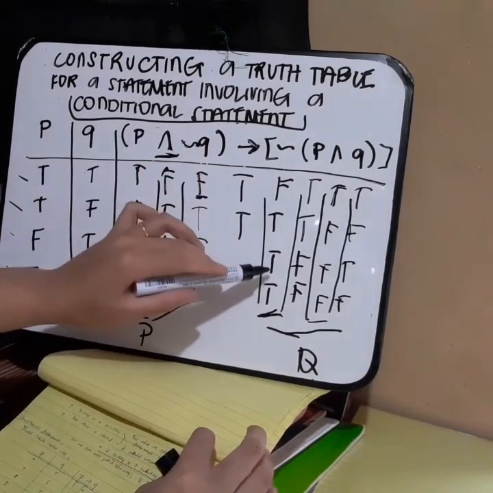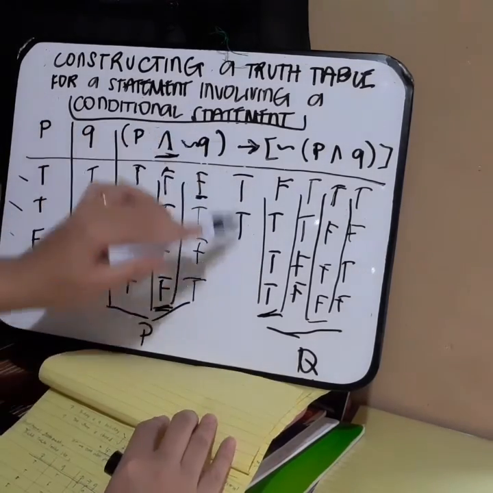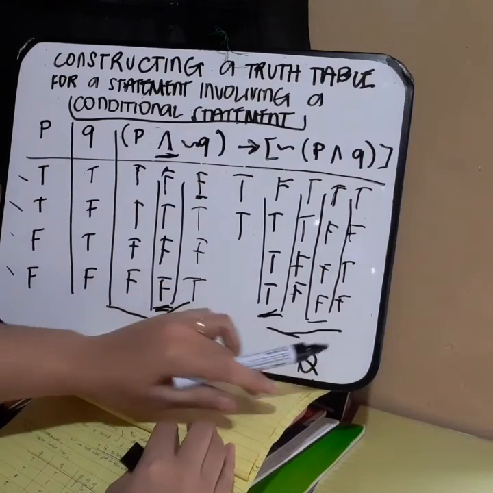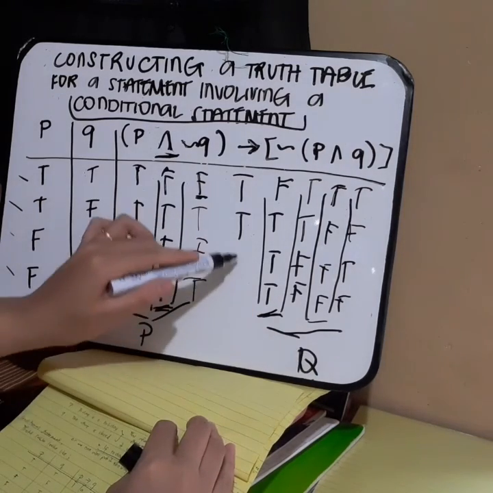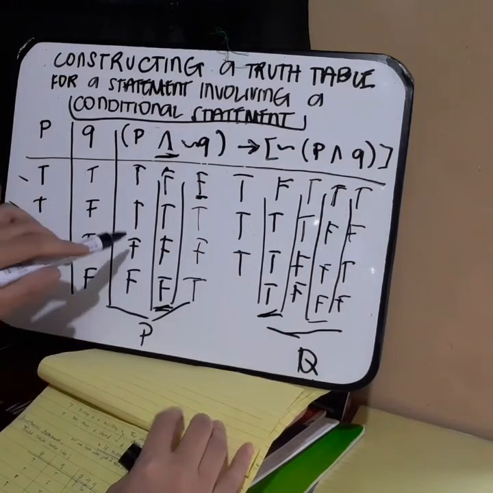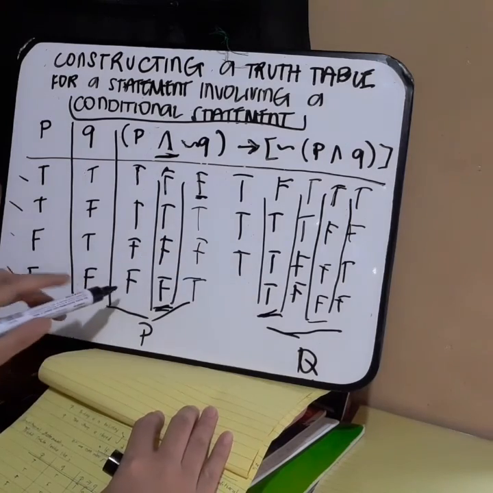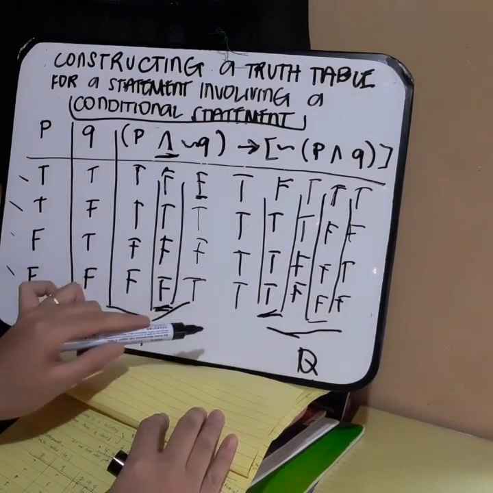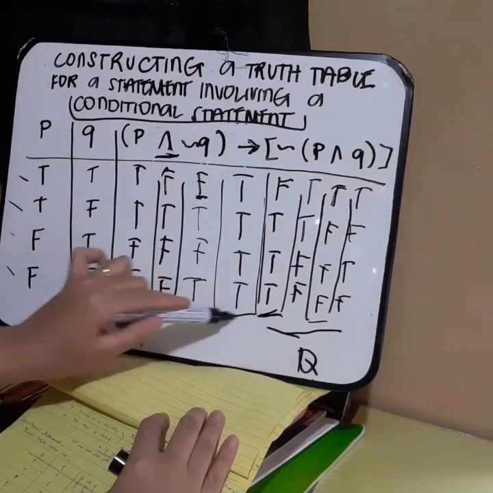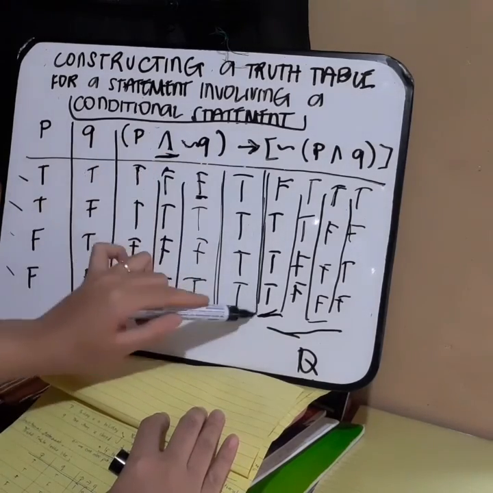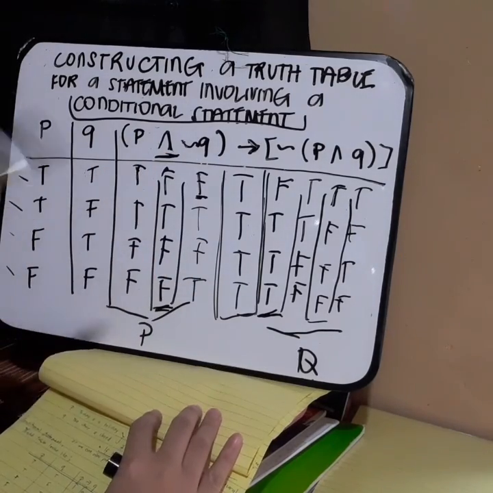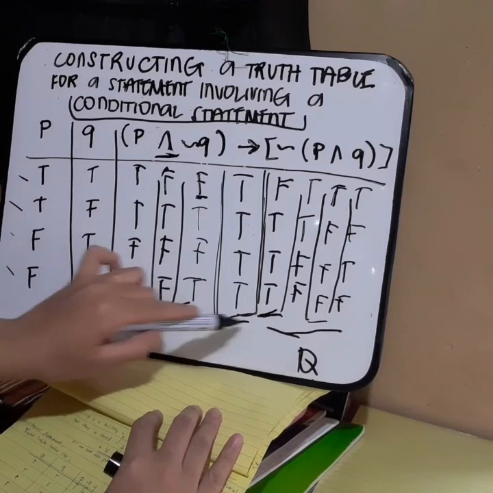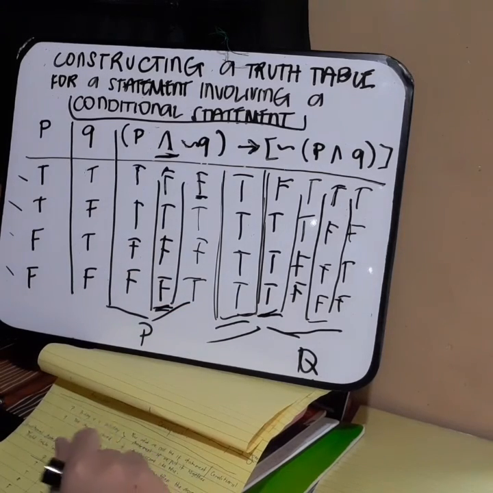So, kung ano nga yung conditional statement, pagka ang conclusion na Q is true, magiging true pa rin ang sagot. So, false, true, true pa din ang sagot. If false, true, magiging true pa rin ang sagot. So, we do have this true. If P, then Q, the answer will always be true.